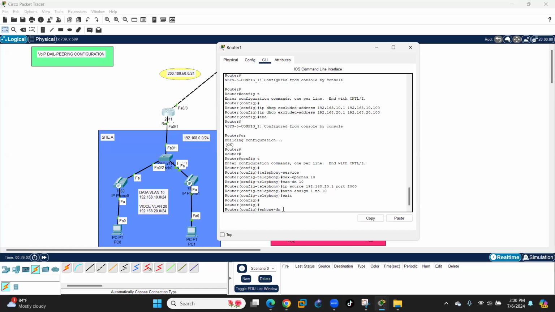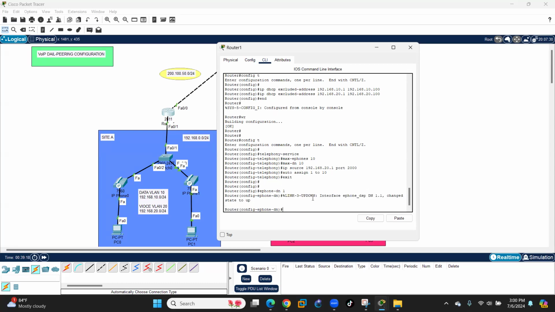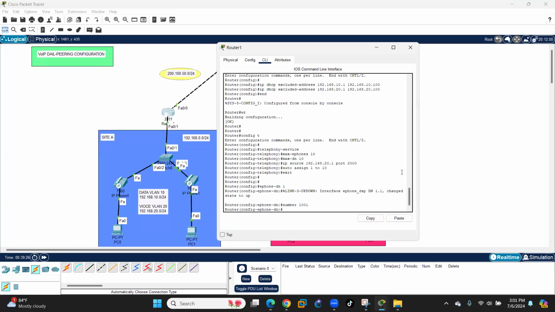Then we attend the router down. We want to configure this auto assign, give this number to one device. Number 101, let's say 101. So a device will get this 101.